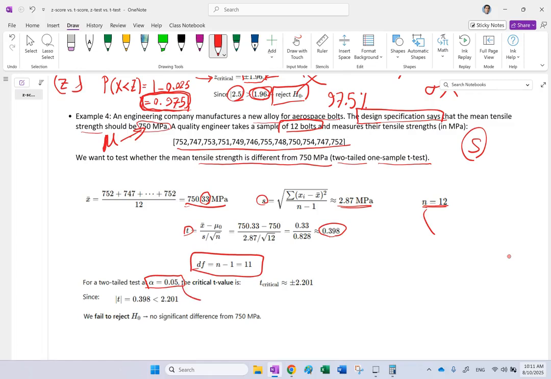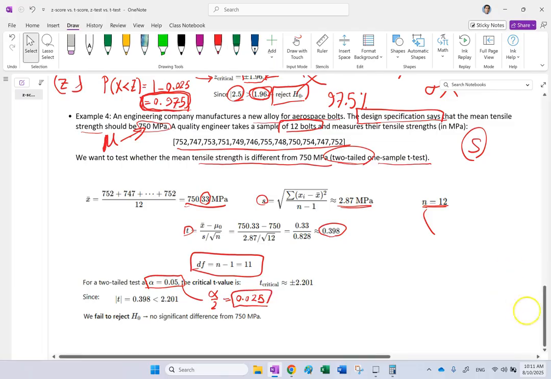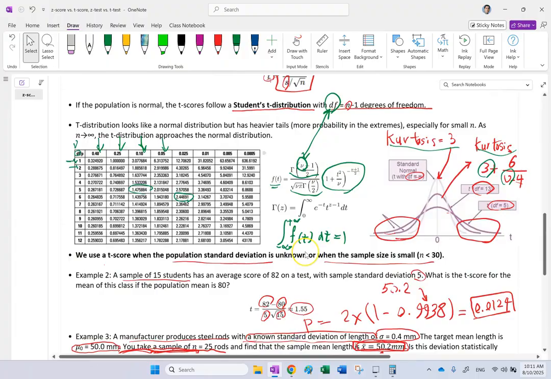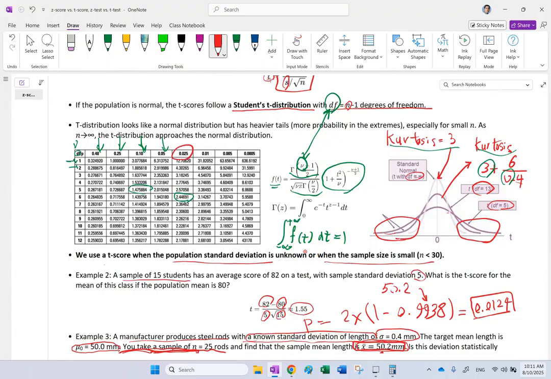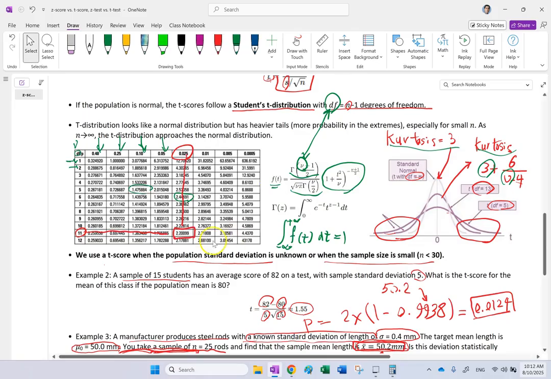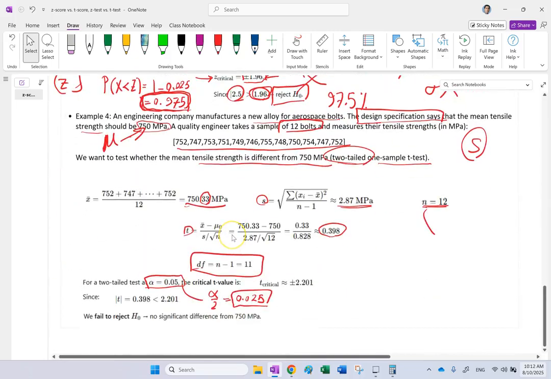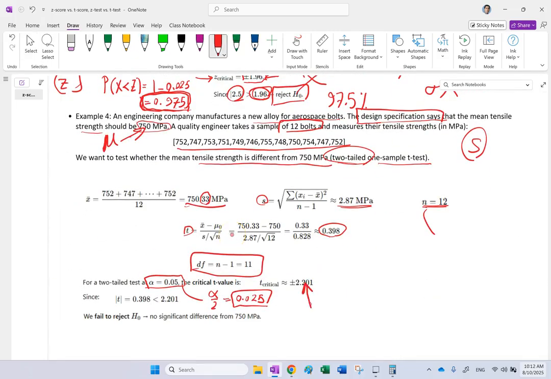Since it's a two-tailed t-test, we have to use half of that, so we look at the t-table for 0.025 with 11 degrees of freedom. The number we find is 2.201.